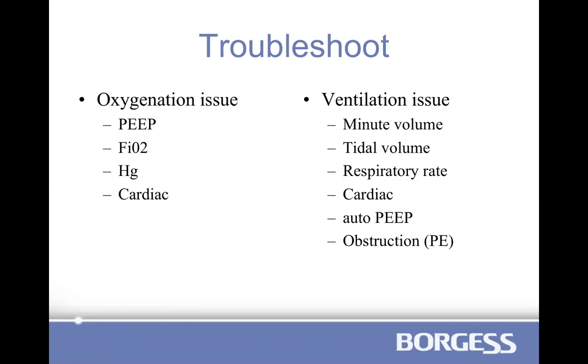Are you having a lot of auto PEEP where you have breath stacking and the patient can't exhale? Maybe you just need to prolong your expiratory phase. So there are a lot of things that can happen with the ventilator to help you decide what is the best course. Sometimes it's just trying a few things at the bedside of the patient and seeing what happens.